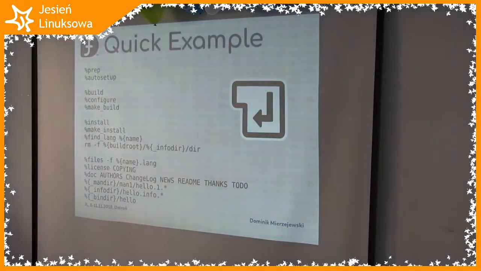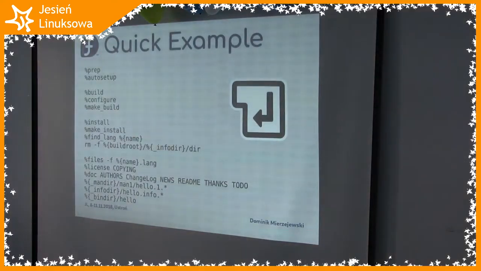All things prefixed with a percent are macros, RPM macros. So what it does, it unpacks the sources declared in the preamble and applies any patches that are declared as well. So it's like an all-in-one thing.